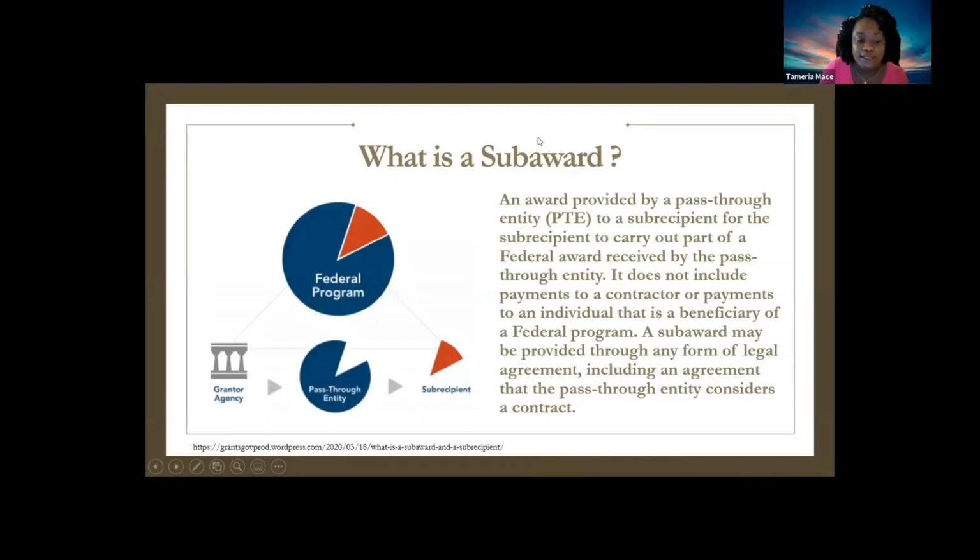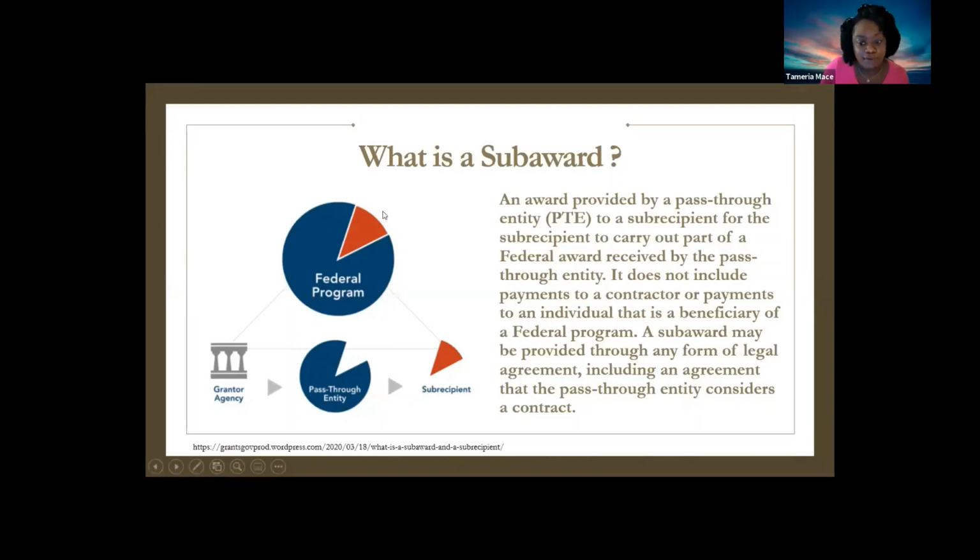So let's start with what is a subaward. A subaward is an award provided by a pass-through entity to a subrecipient for that subrecipient to carry out part of the federal award received by the pass-through entity, or the PTE. It does not include payments to a contractor or an individual that's a beneficiary of a federal program.